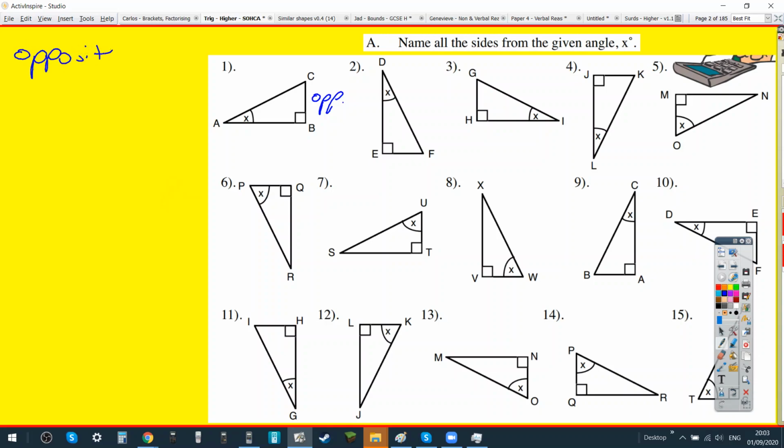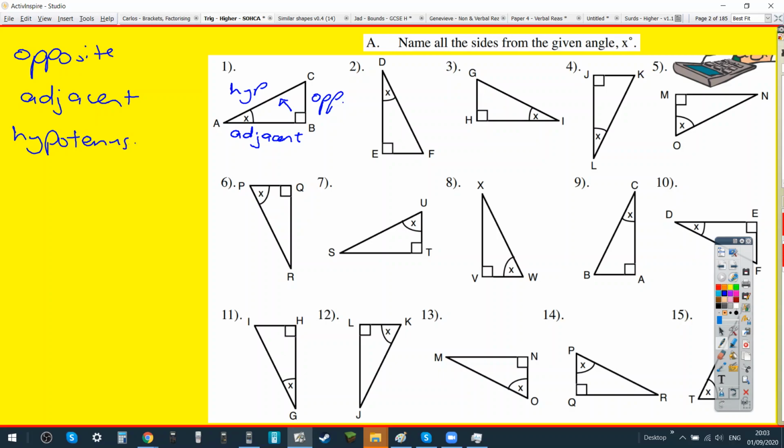Hypotenuse is just B. Like in between what two letters? A and B. That one would be adjacent because it's beside or next to the X. The hypotenuse is always opposite the right angle. Oh, okay. So how about question 2?